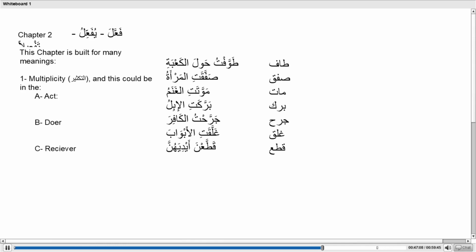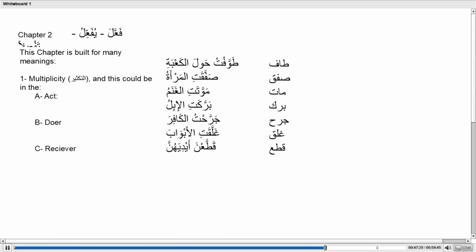MashaAllah. It can be the receiver, as a person only has two hands. Very well said. Very good. So the sister just proved that saying that it is the receiver is not correct.